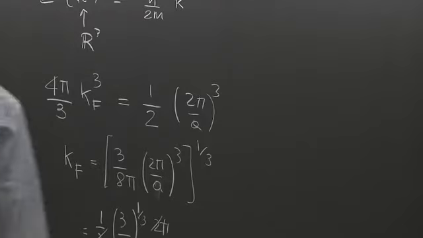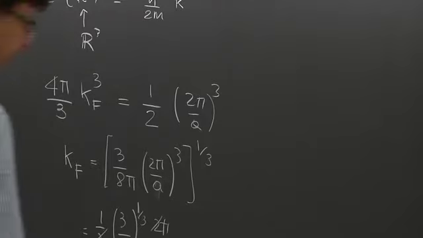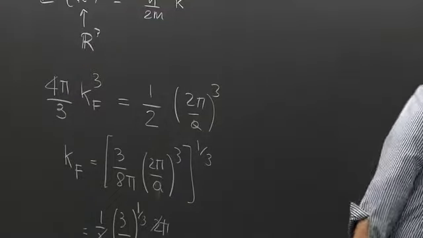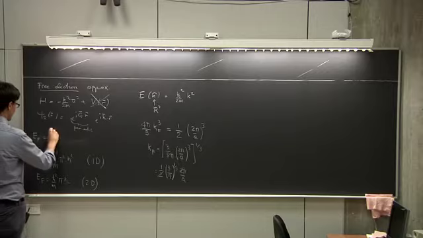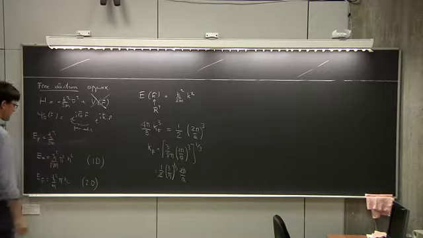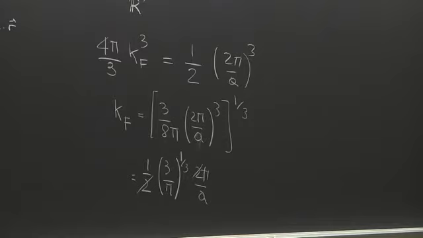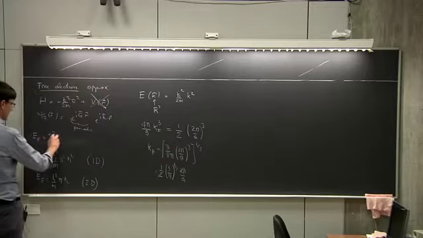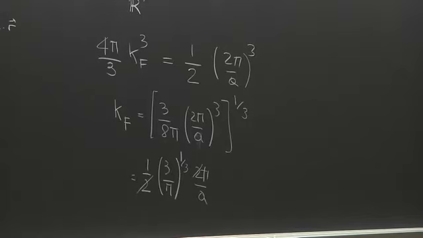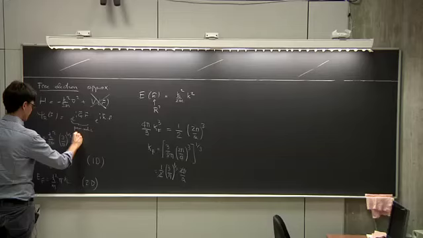Okay, so the Fermi energy in 3 dimensions, let me write it here so that I can use the blackboard later on, is going to be given by h squared over 2m kf squared. So it's 3 over pi to the 2/3, pi squared over a squared.